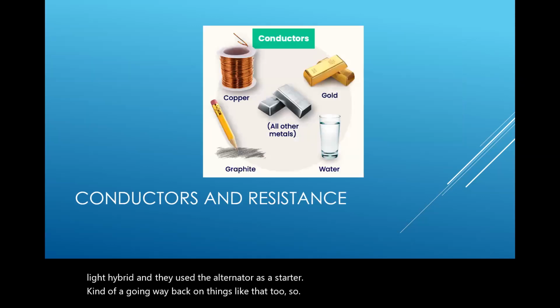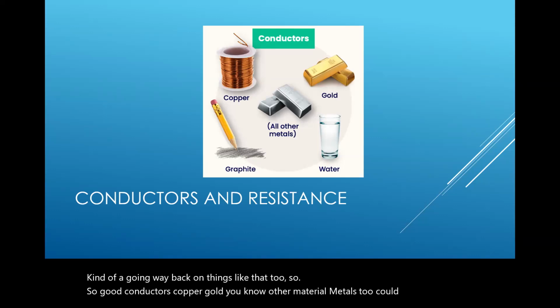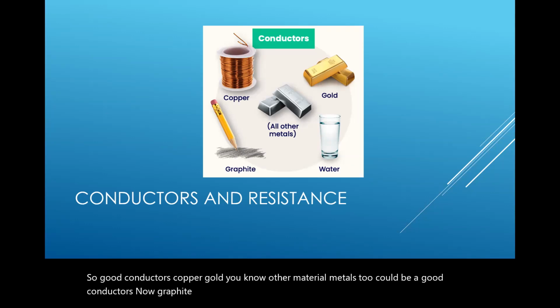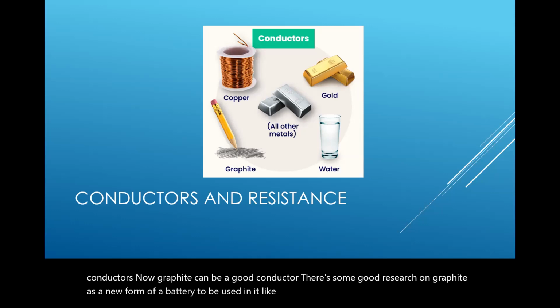So good conductors: copper, gold, yes, other metals too can be good conductors. Now graphite can be a good conductor. There's some good research on graphite as a new form of battery too. Water can be a conductor also.